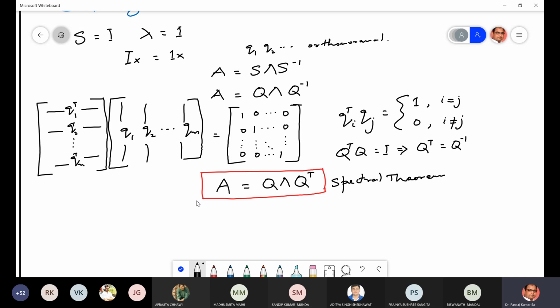And remember, Q is an eigenvector matrix whose columns are orthogonal.